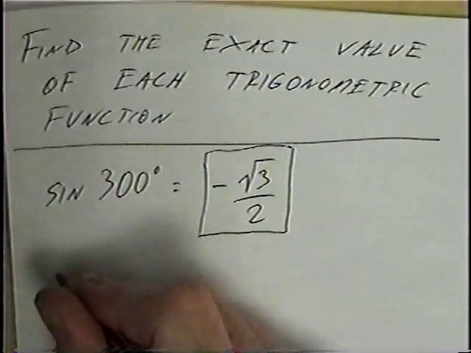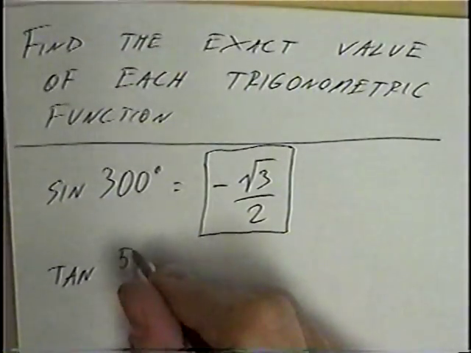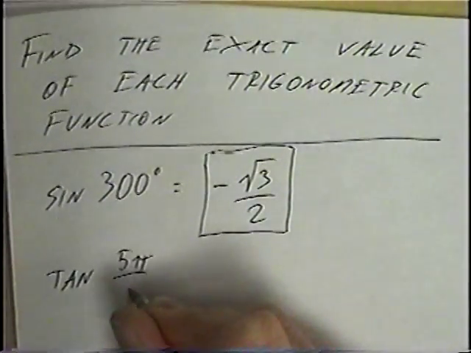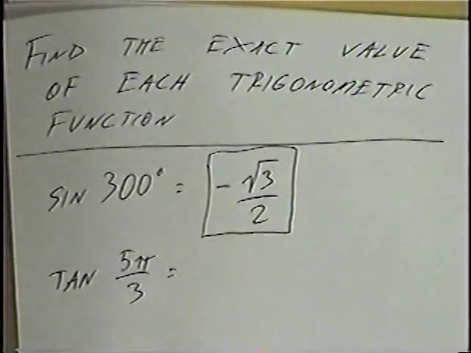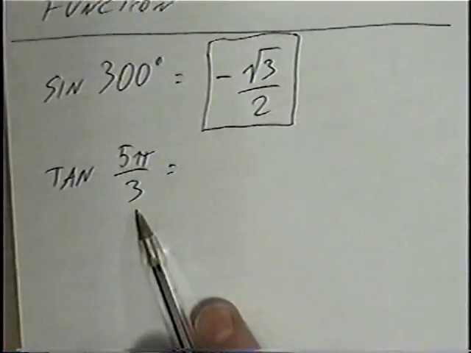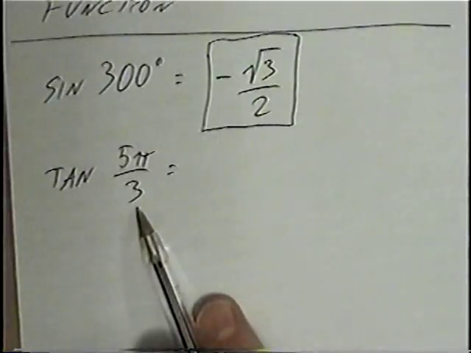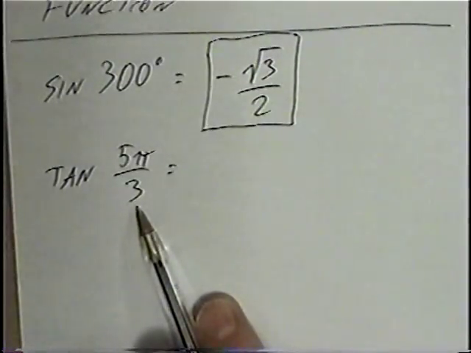Second question is tangent of 5 pi over 3. Again, you want to first locate 5 pi over 3 on the unit circle. 5 pi over 3 is also in the bottom right quadrant, the fourth quadrant.